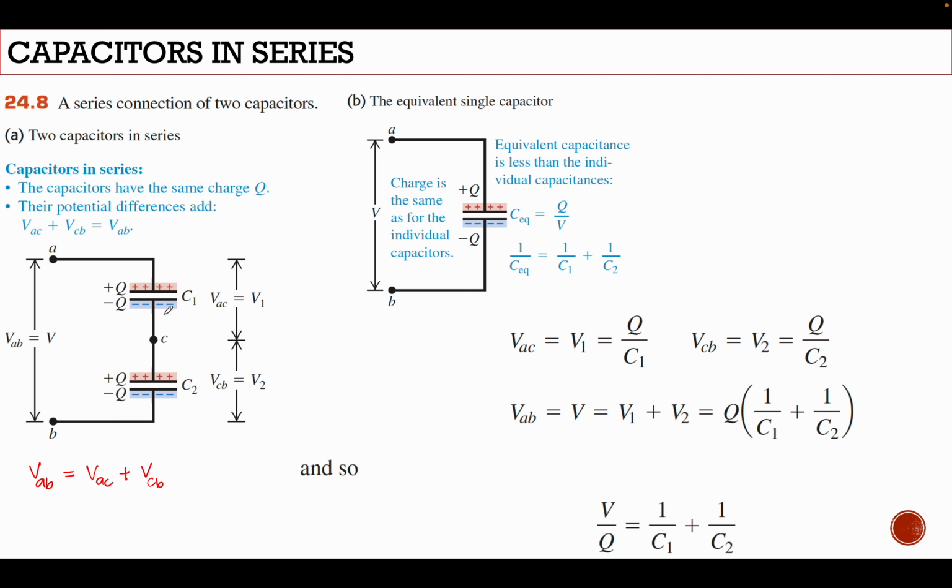But since here we have point C in between these two series-connected capacitors, to solve for the potential difference we get the sum of the potential difference from point A to point C and the potential difference from point C to point B. This is our first capacitor, C1, and our second capacitor, C2.